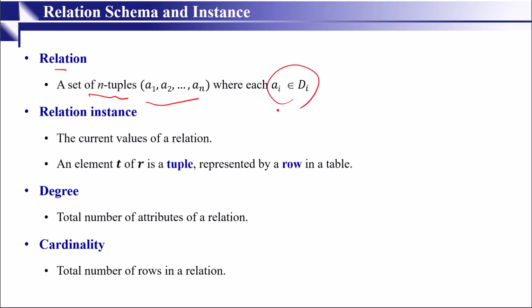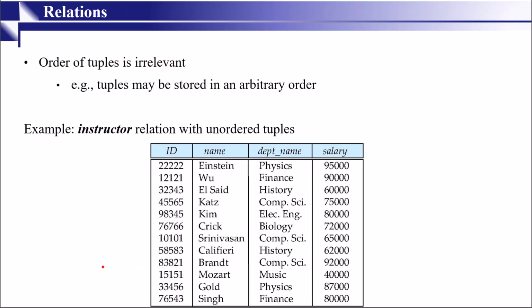You can say its current value. Each tuple is a row or record, like a record for one instructor in a table. We also define two metrics here, degree and cardinality. Degree is the number of columns in a relation, and cardinality is the number of rows or tuples in a relation. These terms help us describe the size and shape of our data.